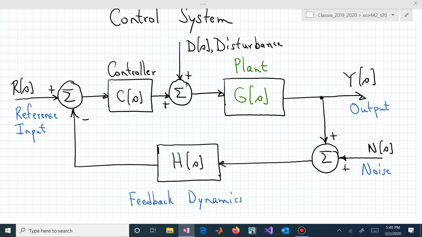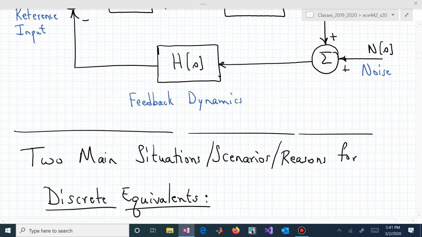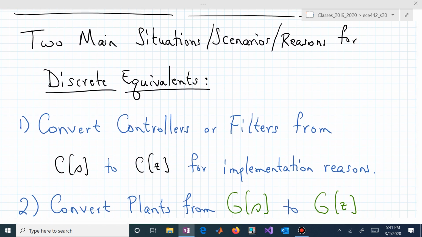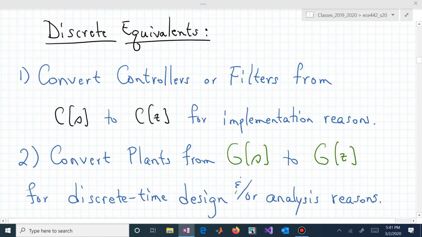That's the analog version. What we are doing in this class is discrete control. So how do we now introduce the discrete control ideas or concepts relative to this configuration or this particular scenario? And there's two different situations, scenarios, reasons for discrete equivalence.